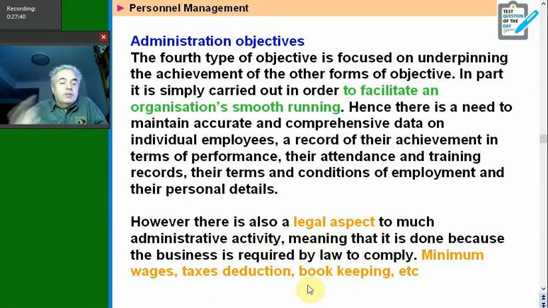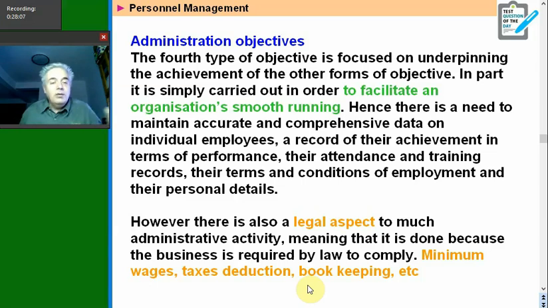Then there is the performance of the employee. For example, if you have to fire someone, you have to give some explanation why you're doing it, because if you fire someone unjustifiably, they can go to the judge and sue the company, and then you have to have some data to show this is why we did it. The employee signed this memo here. He was aware of this, but he didn't follow it.